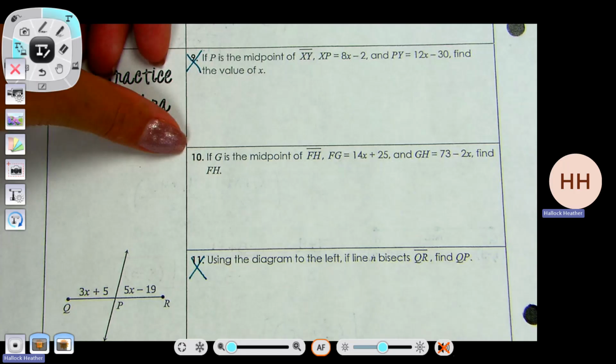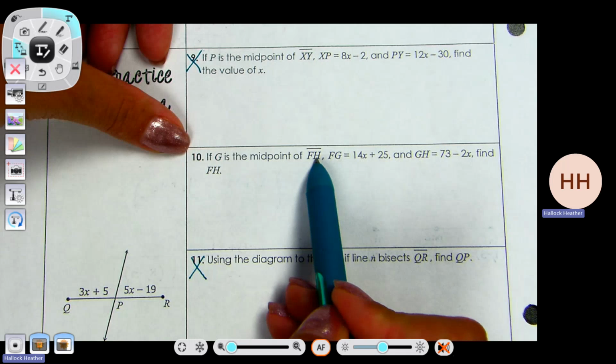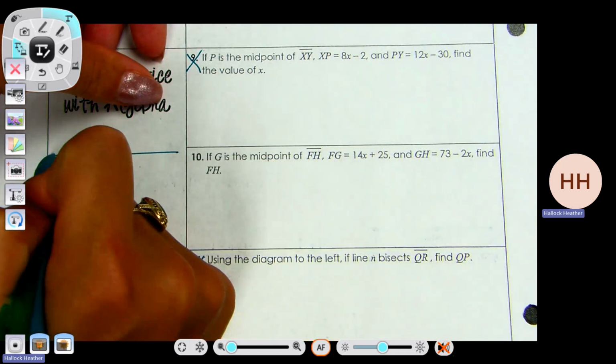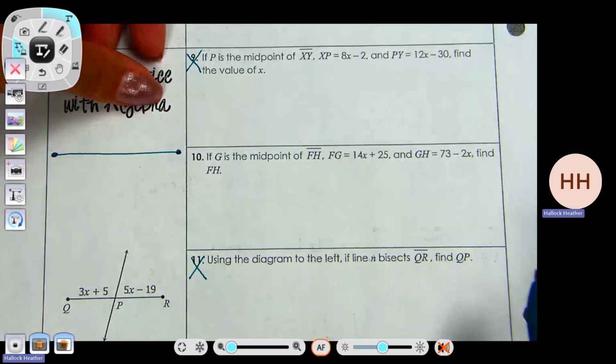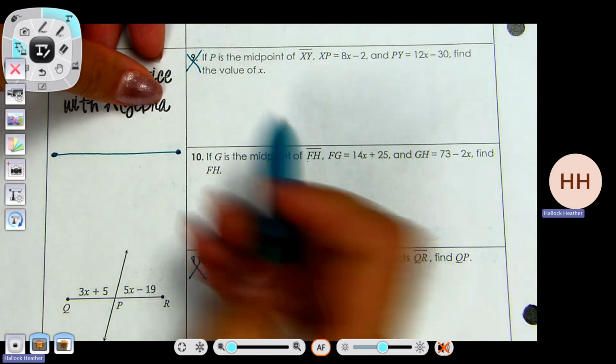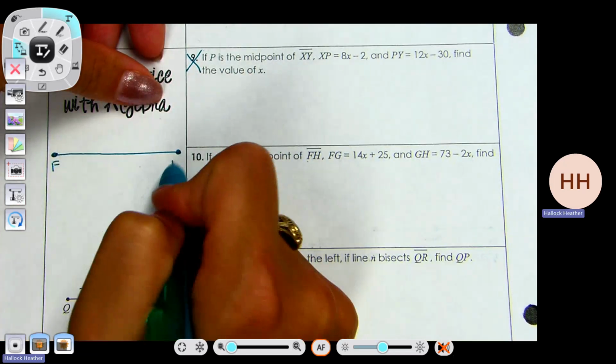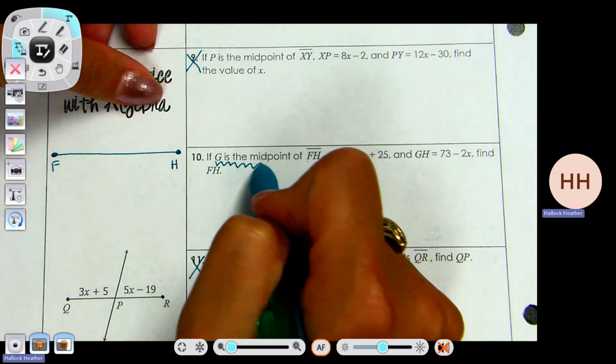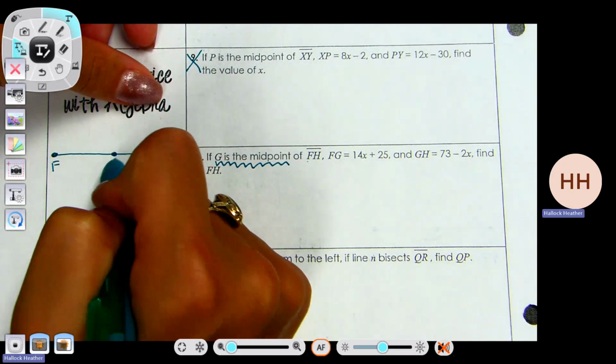Number 10 says, if G is the midpoint of FH. So when in doubt, we're going to draw it out. I'm going to use this little side picture over here. What are the two end letters of my segment? F and H, because that's what it says. What is in the middle? G, because it says G is the midpoint, so G goes in the middle.